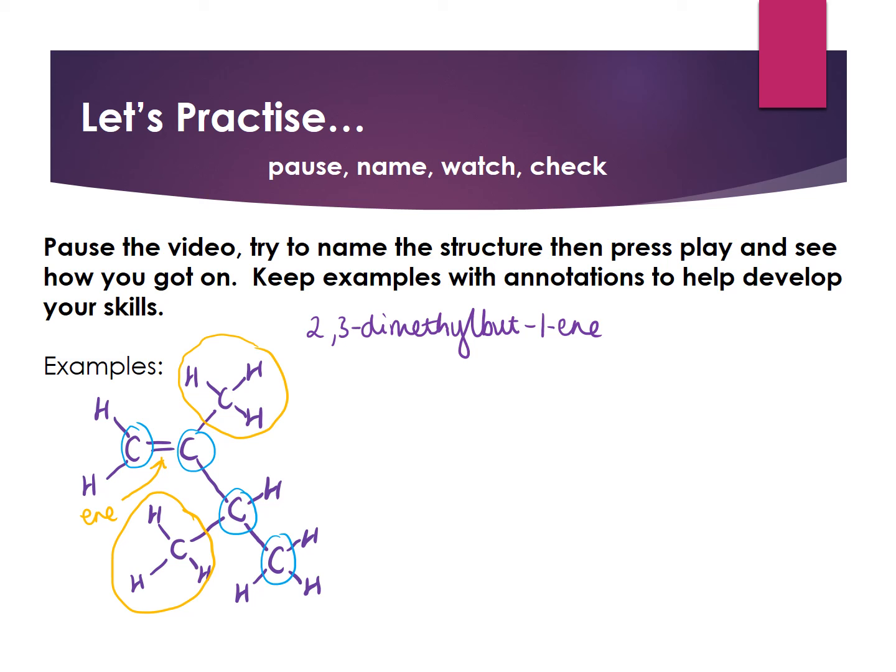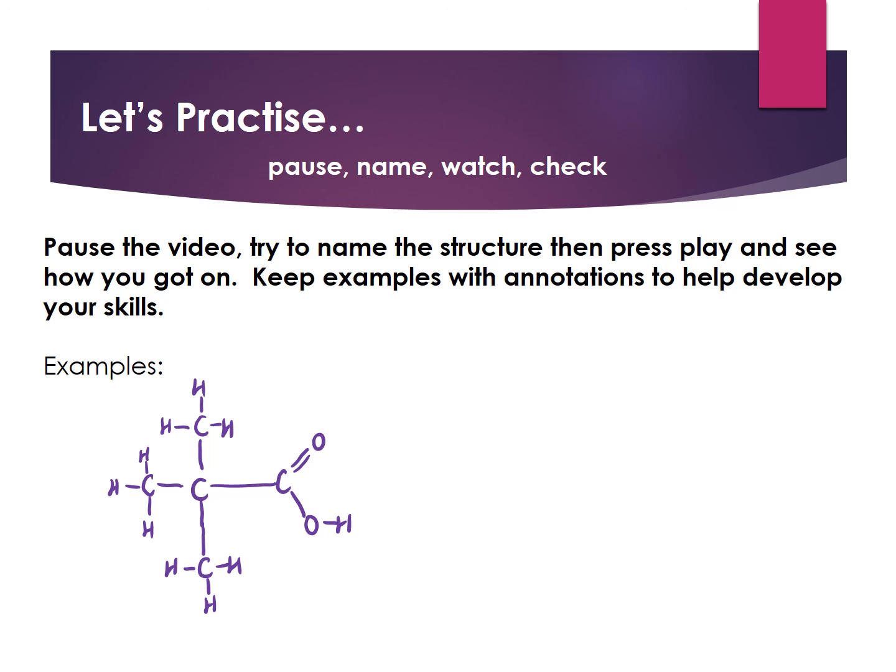From the perspective of the skeletal formula then, so 4 carbons in the longest chain, 1, 2, 3, 4. Between the first and the second there's a double bond. There's a methyl group on the second one, there's a methyl group on the third one. And then 2 methyl groups there. So 6 carbons altogether, that's correct.